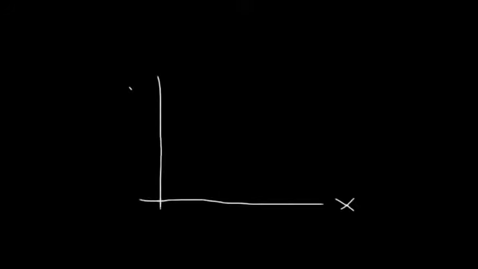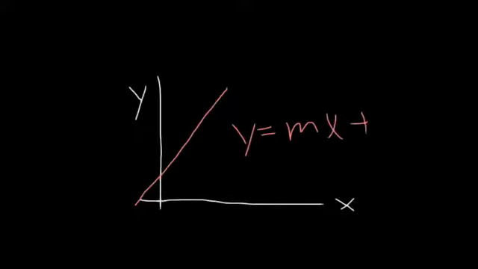This is the x-axis, this is the y-axis, and you should remember that the equation of a line is y equals mx plus b, where m is an arbitrary constant that just so happens to represent the slope.